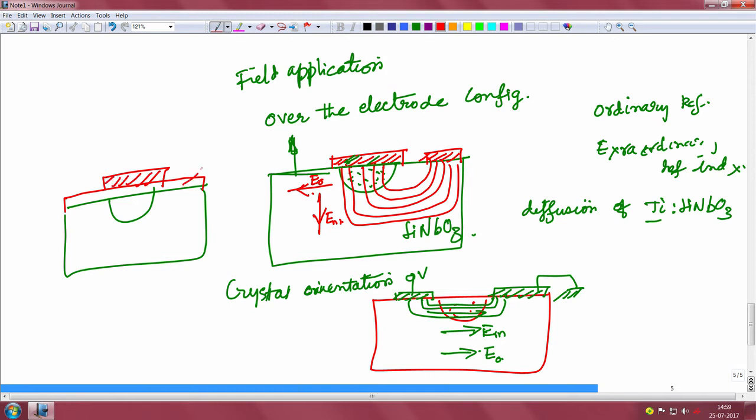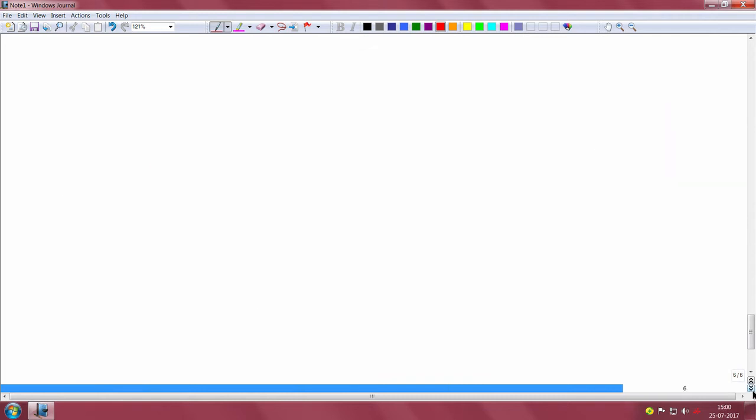This would isolate the field a little bit, and you have to account for the variation of the field in the buffer layer. It may increase the amount of voltage that you apply to the electrode. We will go to another effect.